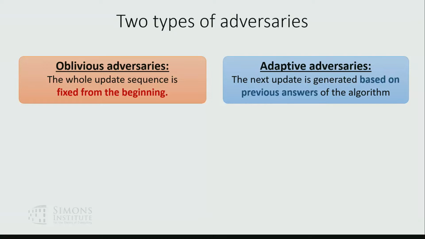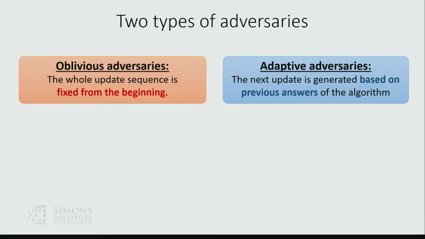It has some fixed sequence in mind, but reveals each update and query to you one by one at a time. This is oblivious in the sense that it doesn't see your answer. The next update doesn't depend on what you answer. It's oblivious to that.